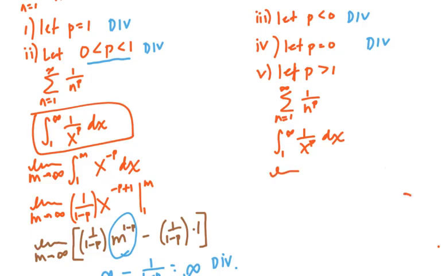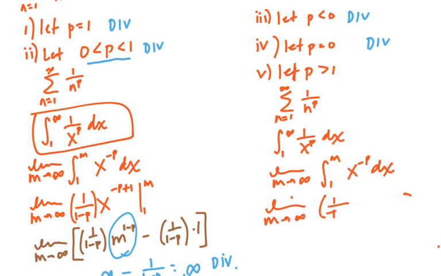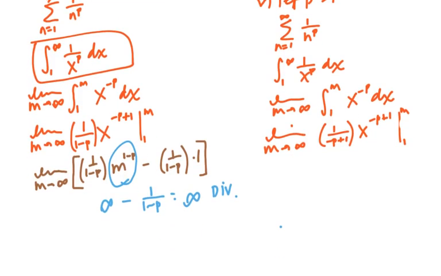So that means we have the limit as m approaches infinity, 1 to m, x to the minus p dx. So when we integrate that, we have the limit as m approaches infinity of 1 over negative p plus 1 times x to the negative p plus 1 from 1 to m. It's a little nicer to write it the other way.